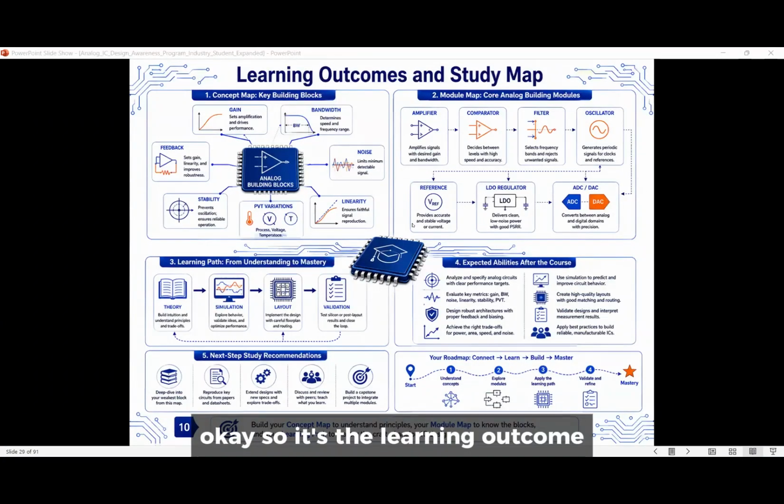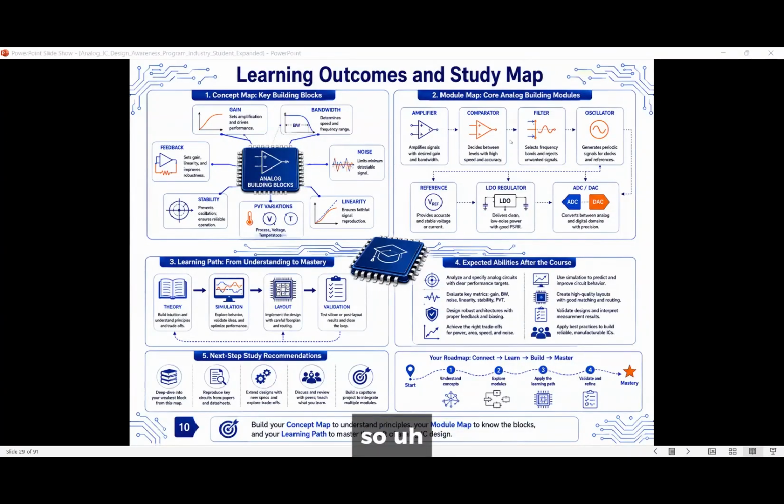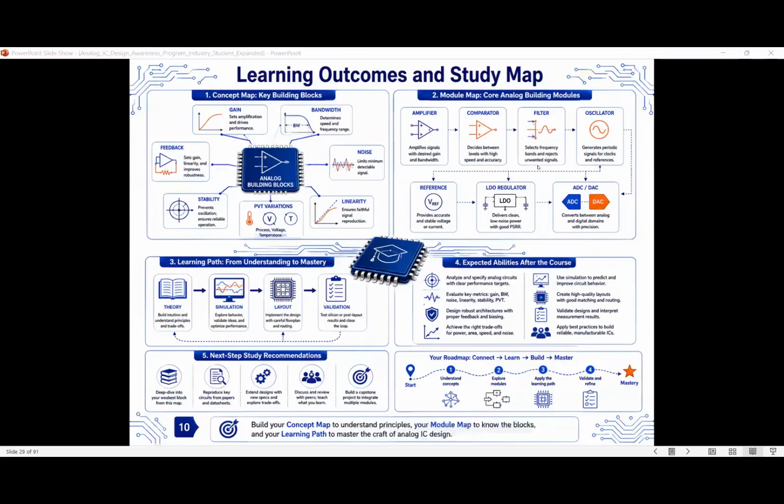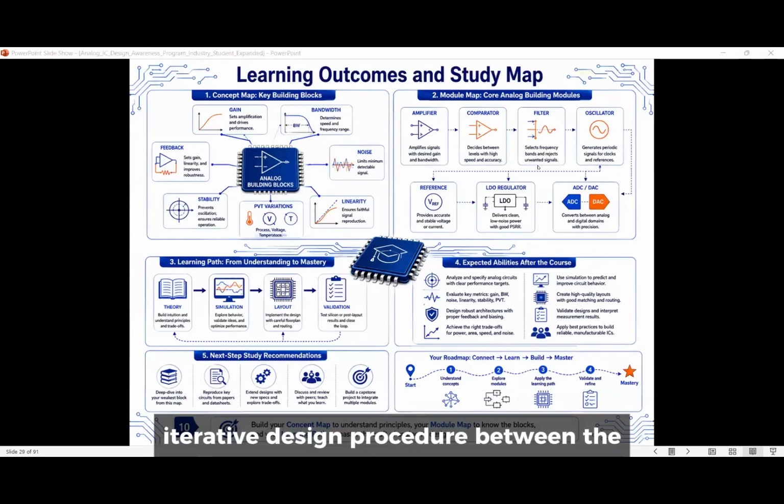Okay, so the learning outcome, I think we have discussed before. We learned the specification analysis and then build a circuit to meet this specification. And then we do an interactive design procedure between the hand calculation and the simulation.